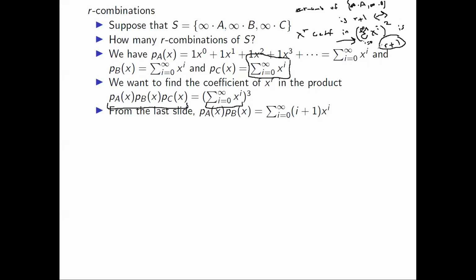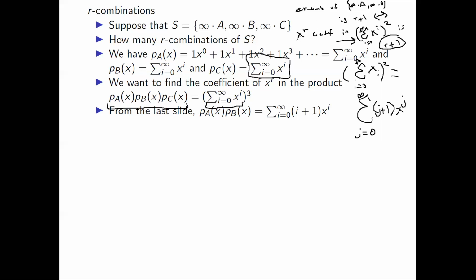If the x to the r coefficient in that product is r plus 1, then that's telling us that the sum squared is just equal to the sum, we can say j equals 0 to infinity of j plus 1 times x to the j.